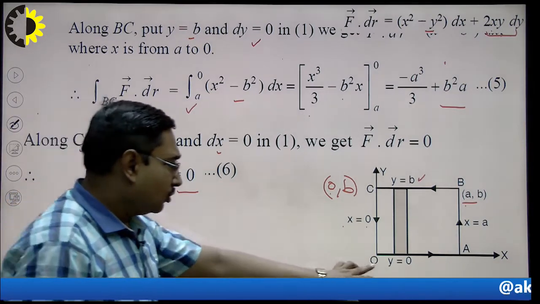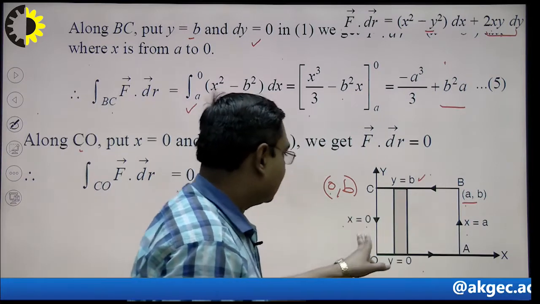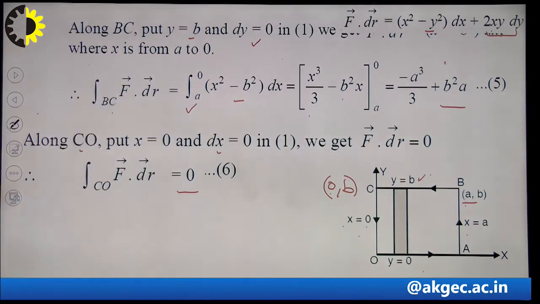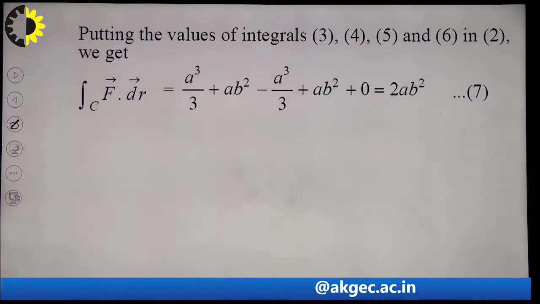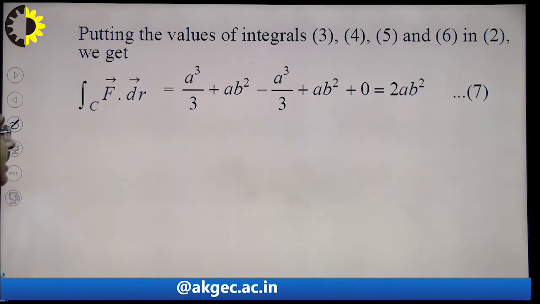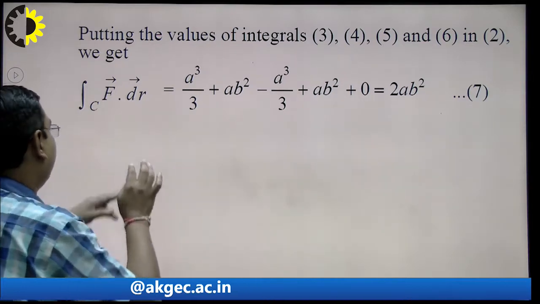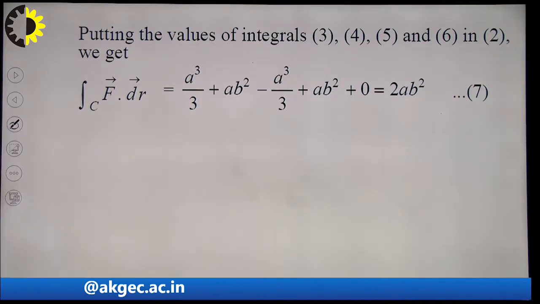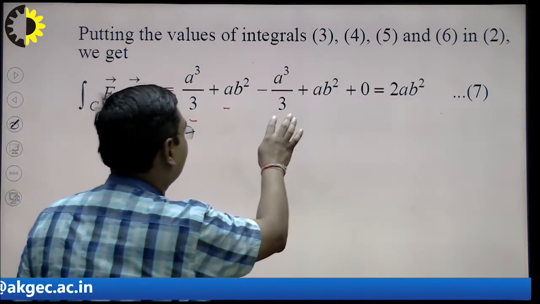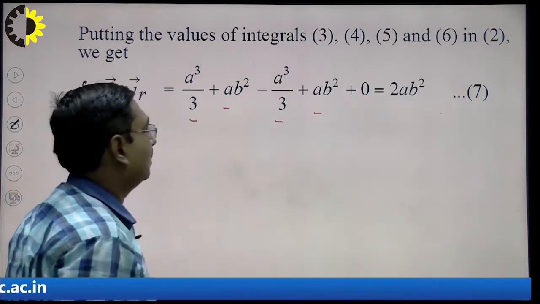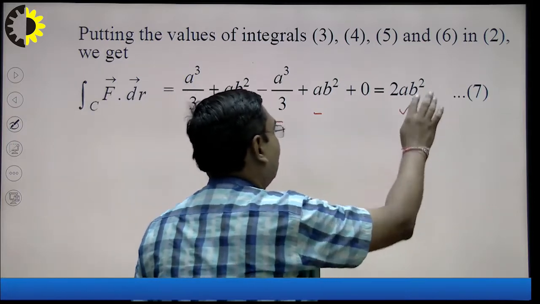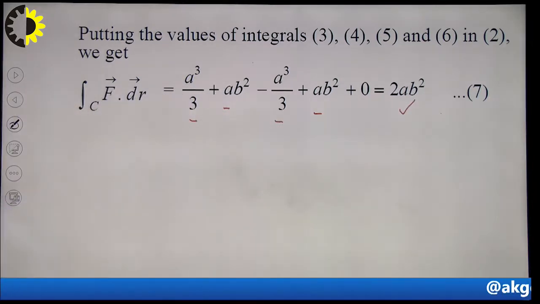Thus, the value of each of the line integrals along the 4 parts of the curve is calculated. Because our integral was the sum of all of these integrals, substituting the values so obtained, I calculate the integral over C of f dot dr equals a³/3 + ab² − a³/3 + ab² + 0, and it will be twice ab².